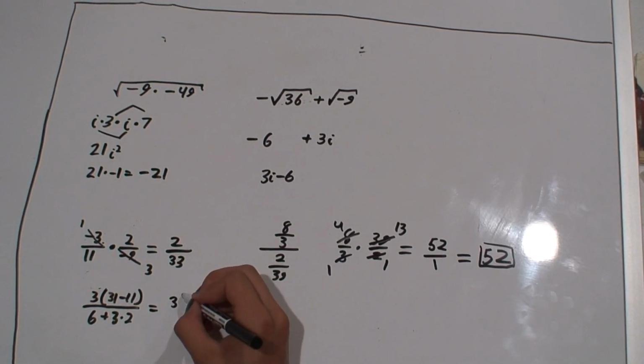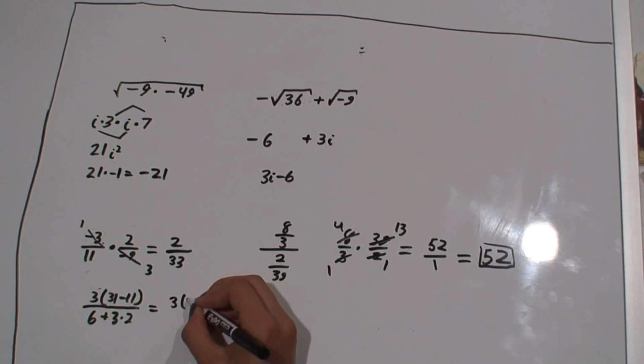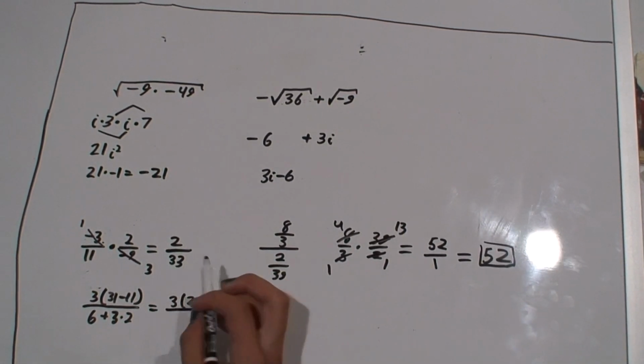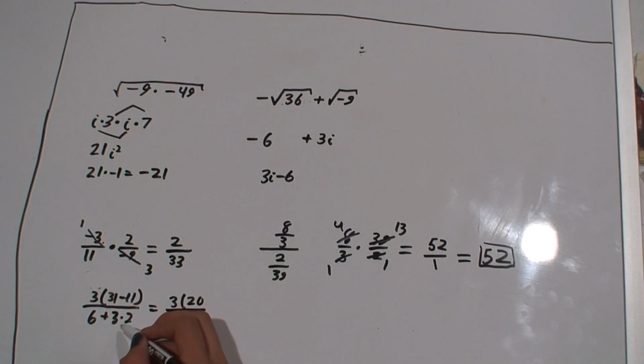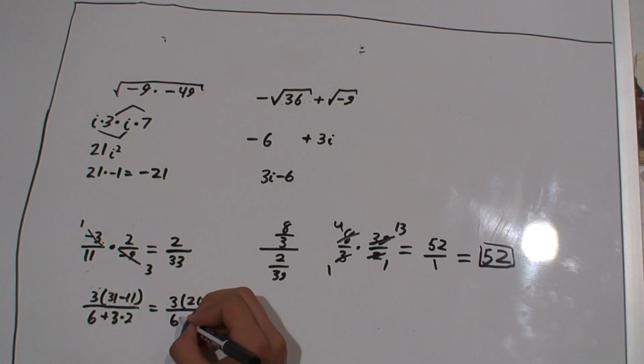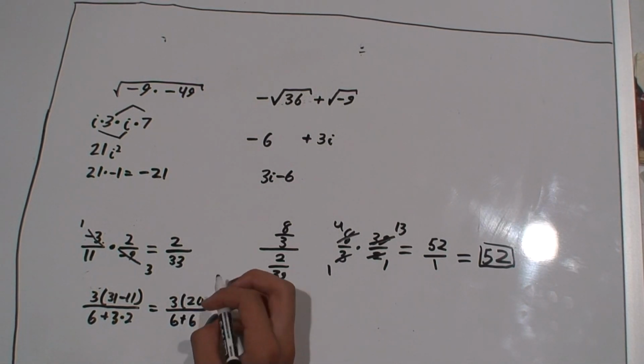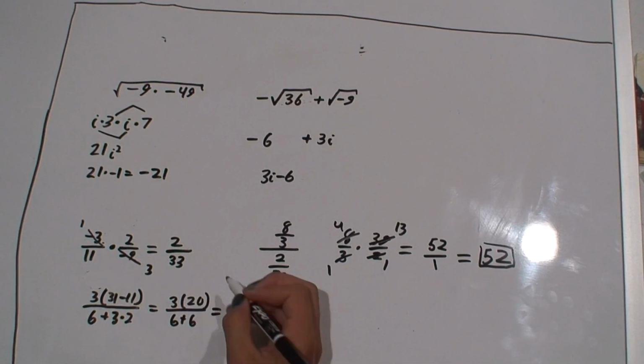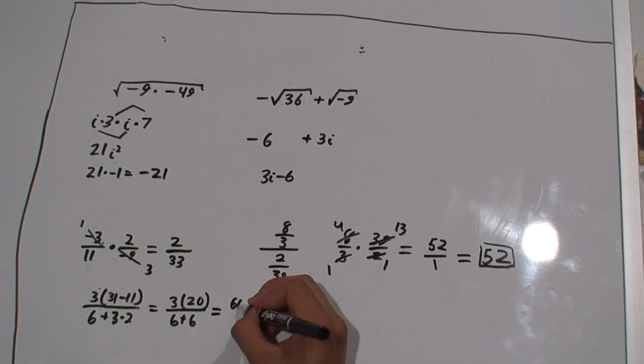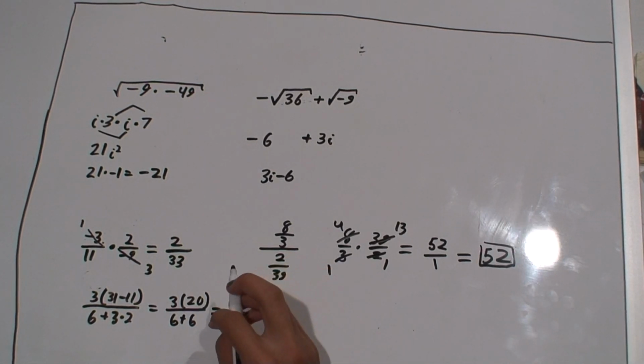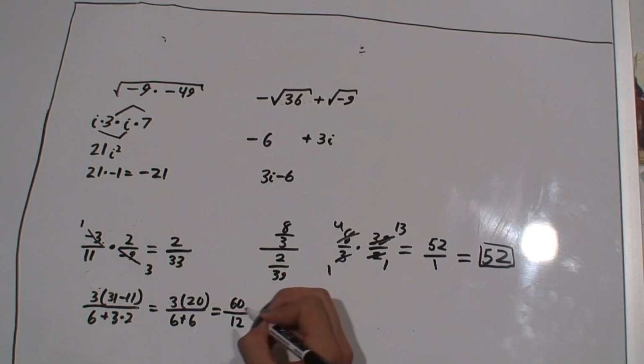So I would get 3 times 31 minus 11 is 20, divided by, on the bottom, you have 6 plus 3 times 2. And in our order of operations, multiplication comes before adding, so we would have 6 plus 6. So now we have 3 times 20 would be 60 divided by 12, 6 plus 6. And 60 divided by 12 is 5.